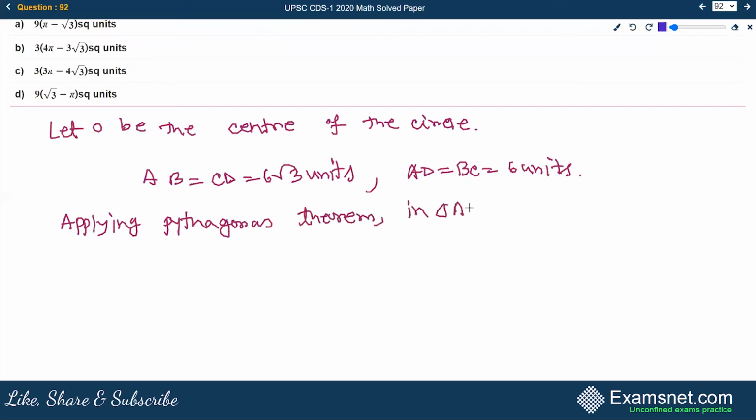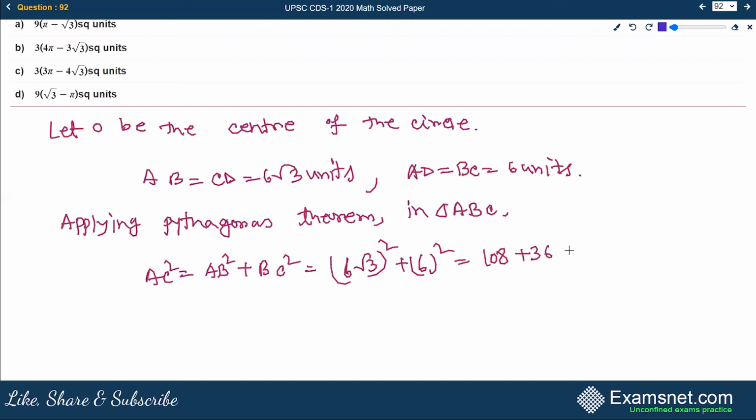in triangle ABC, we can see AC square equals AB square plus BC square, that is 6√3 whole square plus 6 whole square. So 108 plus 36, 144.